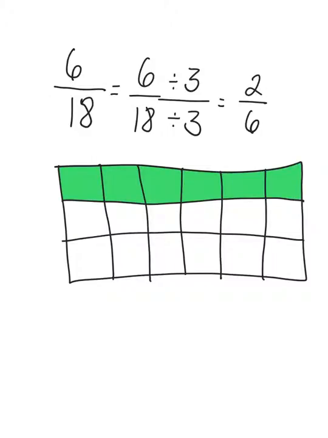We've got 1, 2, 3, 4, 5, 6. That shows 6. It's cut up into 6. And notice, out of that 6, 2 are shaded in, just to represent 2/6.